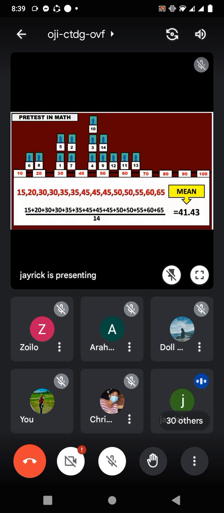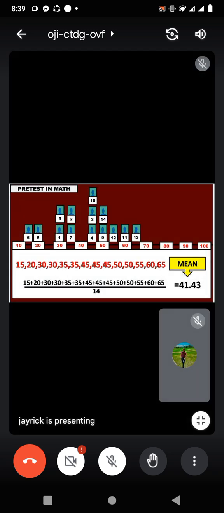Now, in this example, let's have the pre-test scores in mathematics. Take note that student 6 got a score of 15. Wait lang. Okay, student 6, can you see now the arrow? Student 6 got a score of 15. Student 8 got a score of 20.